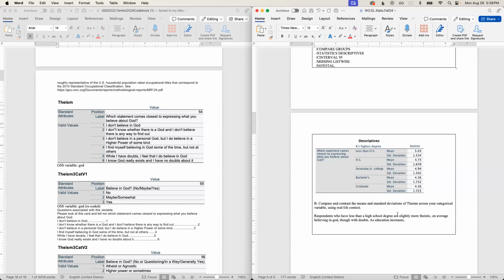The big difference is probably that all of these are closer to that, and then these are closer to that. So let's say those with a bachelor's or graduate degree are slightly less theistic, closer to believing in God sometimes, but not always.